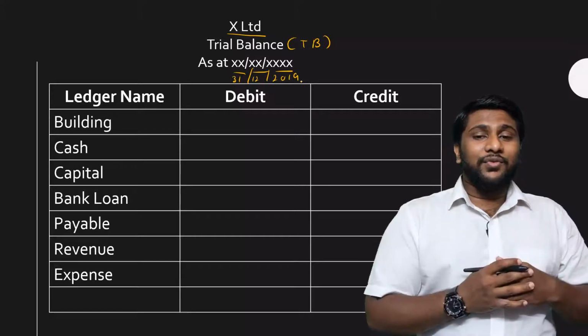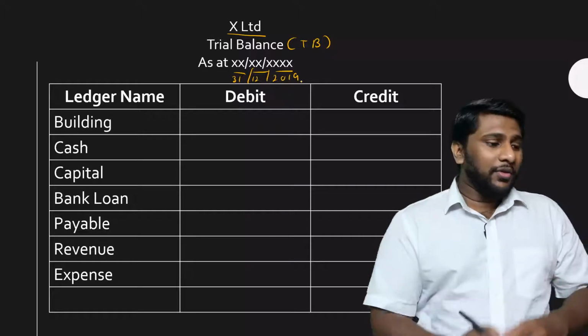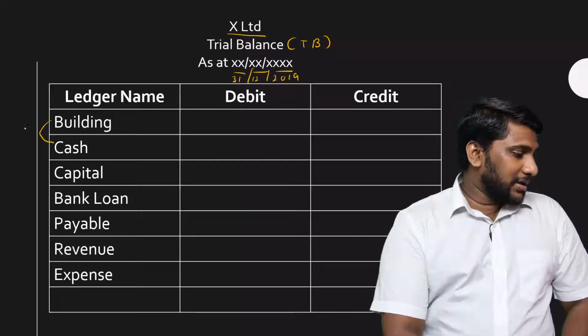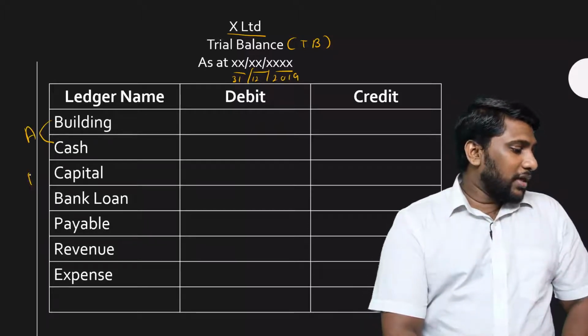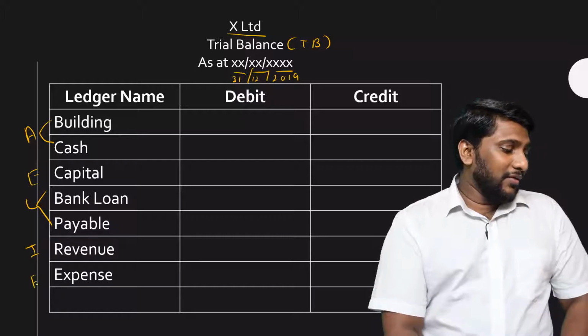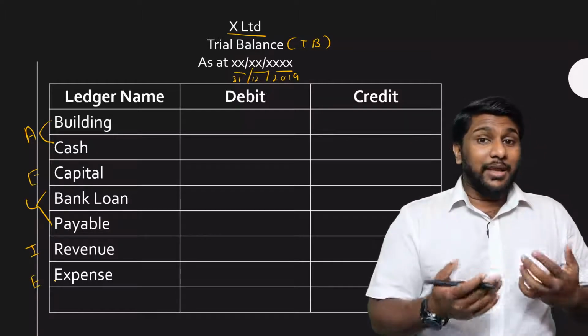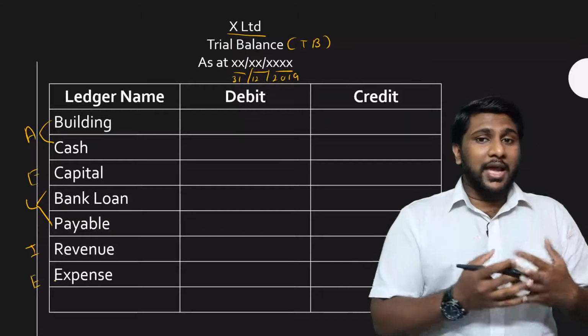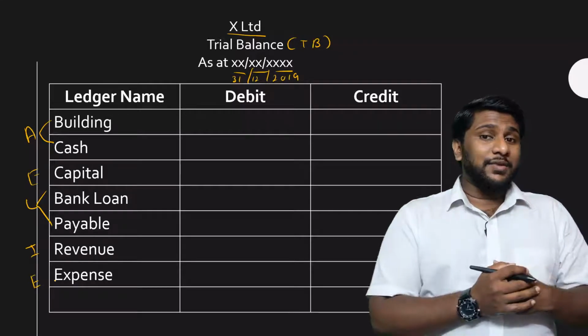What types of ledger accounts will you normally have? You will have asset accounts, equity accounts, liability accounts, as well as income accounts and expense accounts. And sometimes you might have dividends and drawings as well.